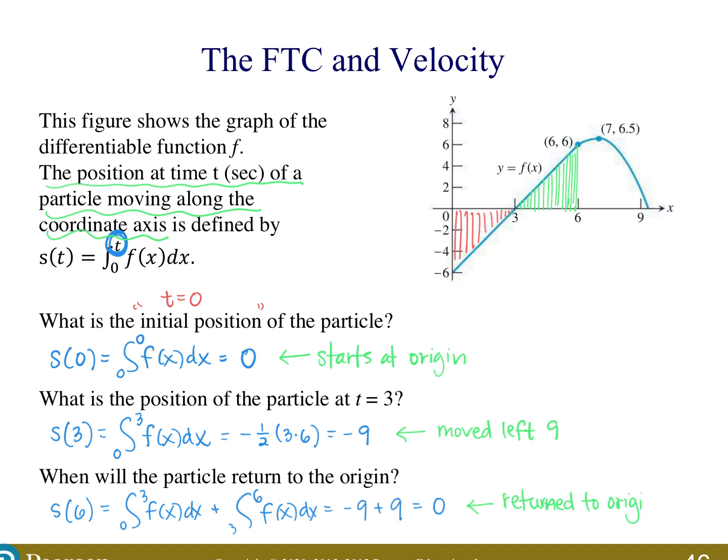So the graph can tell us the story of how this particle is moving. As it pushes past the number 6, it continues to accumulate additional positive area, which means it continues to move beyond the origin and move towards the right.